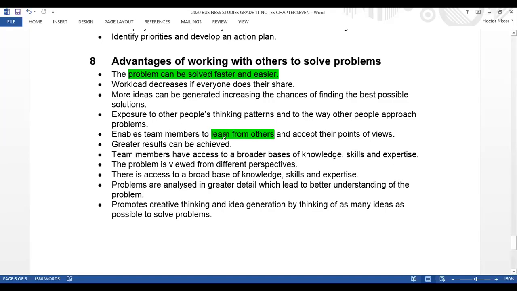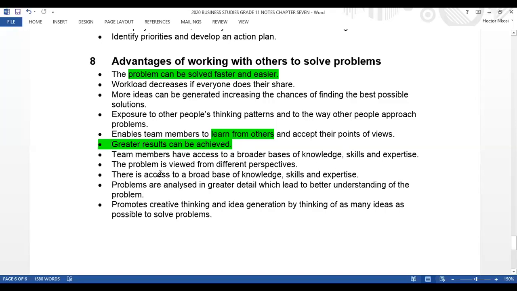Greater results can be achieved. The team members have access to a broader base of knowledge, skills, and expertise. The problem is being viewed from a different perspective. So you can view a problem from a different perspective. There's access to a broad base of knowledge, skills, and expertise.